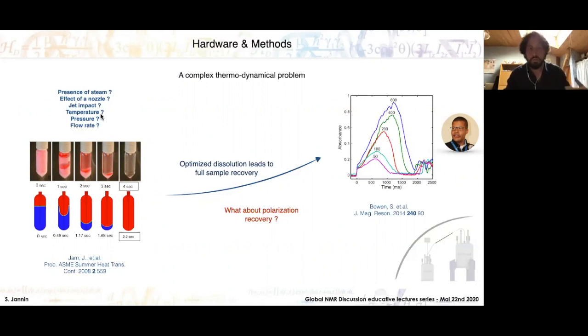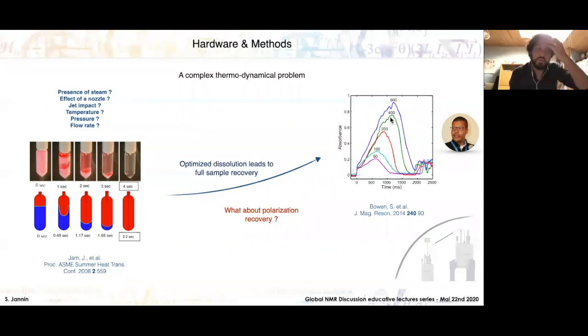The temperature has to be optimized, the pressure, also the flow rate, you don't want to go too fast. And there is a nice paper by Sean Bowen and Jan-Henrik where they show the profile of the concentration of the hyperpolarized sample at the output of the polarizer. So you make sure that you recover the sample in a reasonable amount of time.